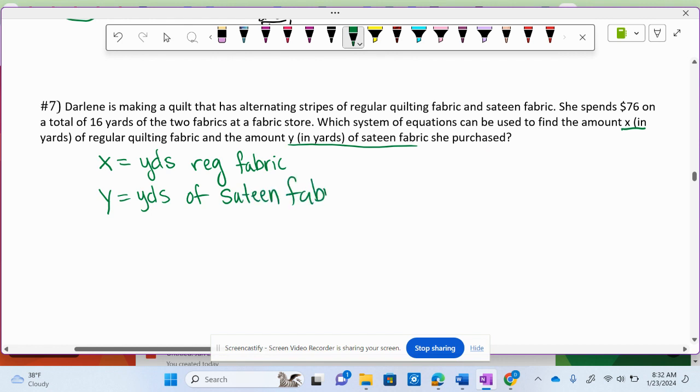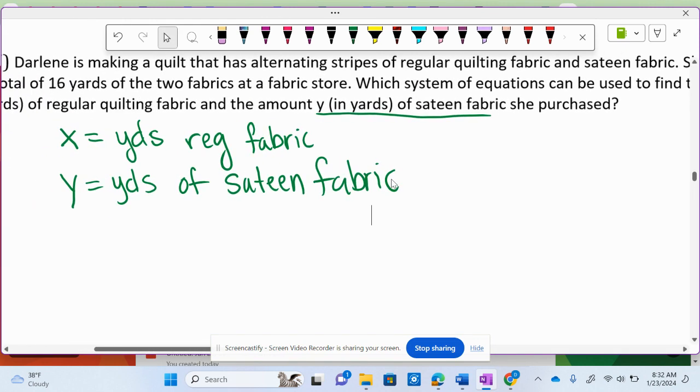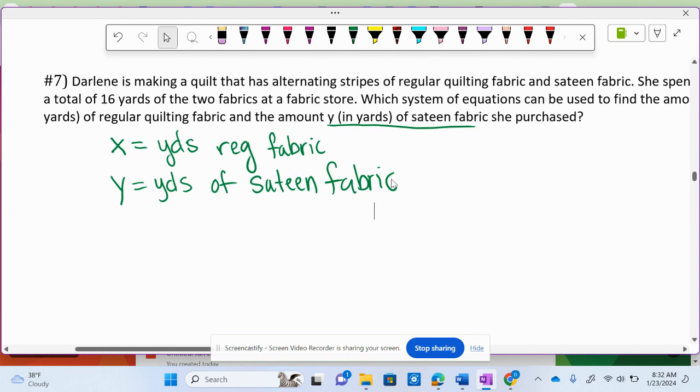We have to define our variables because in Delta Math and on your state EOC, they have drop downs just like the Delta Math does. You have to choose the right one, okay? We're trying to figure out the amount of yards, like the cost of the yard. So let's figure out, first of all, what did we do?